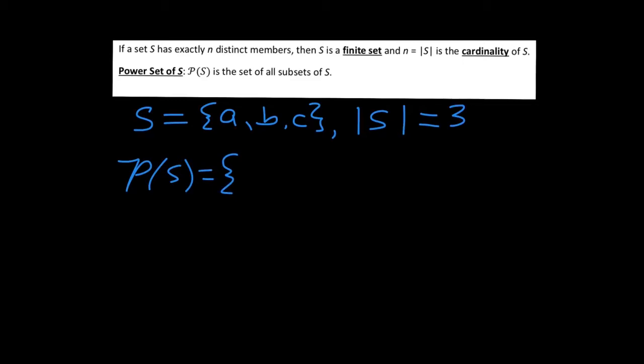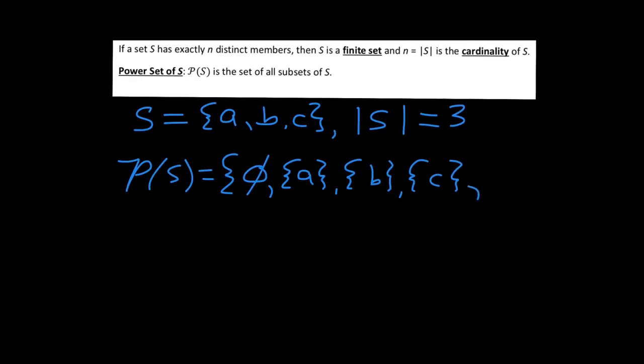So the subsets are going to consist firstly of the empty set. Don't forget that one. That's a subset of every set. It's also going to contain all of these sets that just contain single elements. They're called singletons. So I have the set containing A, the set containing B, the set containing C.